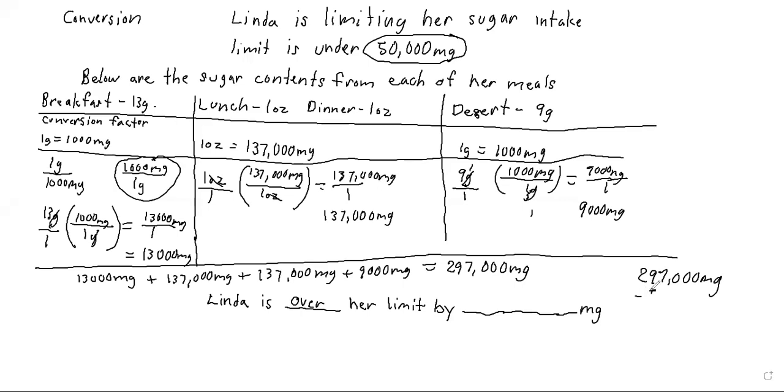So minus 50,000, and this will tell us how much over 50,000 she is. That comes out to 247,000. She is over her sugar intake by 247,000 milligrams. So we're going to go ahead and write that number in here. By 247,000 milligrams. And that would be our answer.